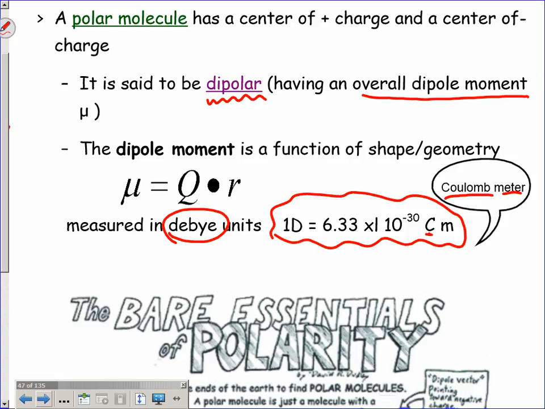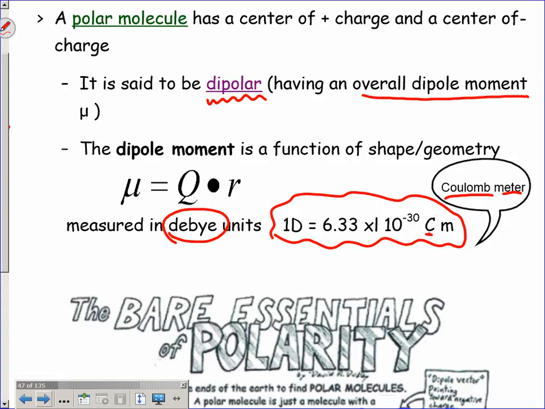Then you octet them all up: 2, 4, 6, 8. 2, 4, 6, 8. 2, 4, 6, 8. How many electrons are in my structure entirely right now? 24. So where do I put the extras? On the central atom, because first it doesn't have an octet, and second, that's where you put your extras if you have them. So I can see that I've got 3 ligands and 1 lone pair.